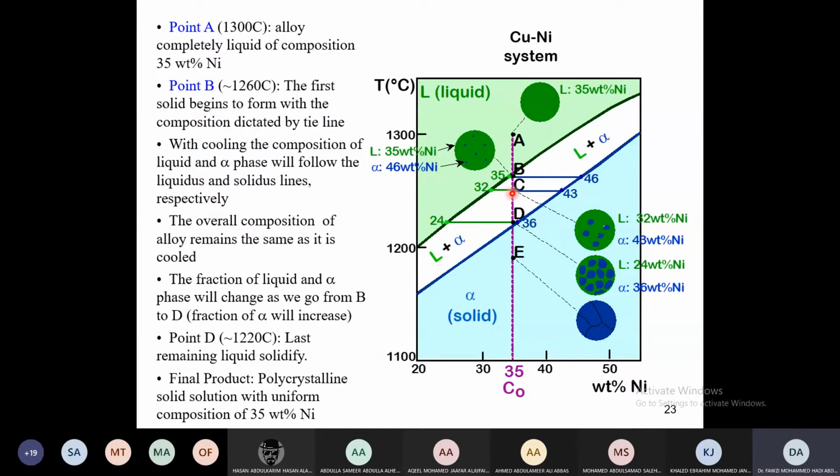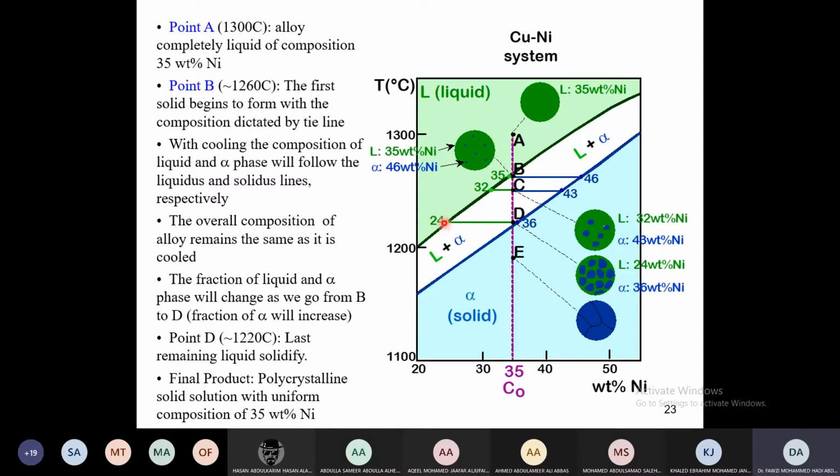And at this spot, just below the liquidus line, the first solid is going to develop. The nucleation of the solid is going to develop just below that line. And as we go further and further down, just before we hit the solidus line, that will be the last remaining liquid in the material, and the last remaining liquid has a composition.